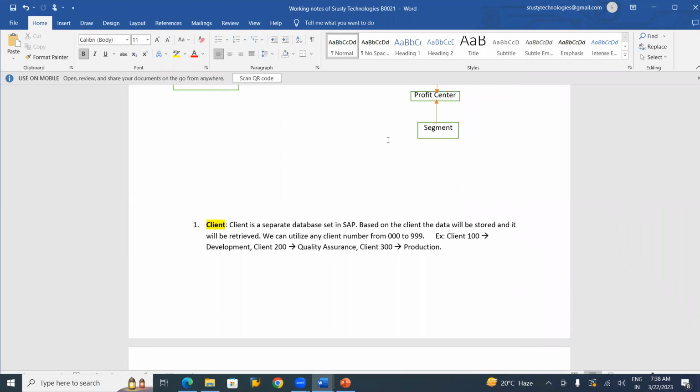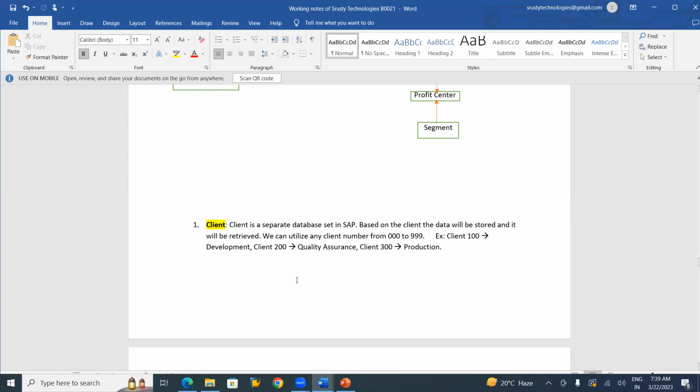Across the globe, whatever project you go to, you will have this enterprise structure or organization structure, whatever the ERP may be. Normally in SAP we have a client, but in other ERPs we don't have a client; from operating concern onwards, the complete structure would be the same.